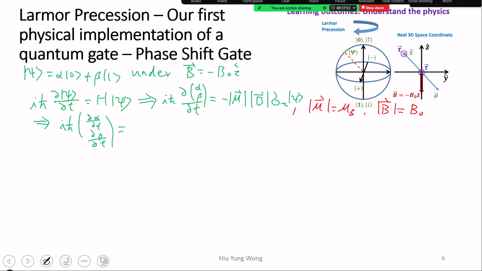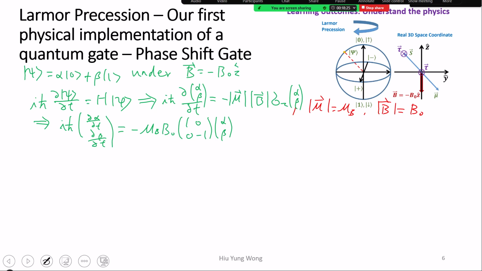I only have the Hamiltonian. On here, it should be alpha, beta. I missed this term just now because this is H times psi. Then this is just equal to mu B, as you said, B0, times sigma z, which is the matrix 1, 0, 0, negative 1, times alpha, beta. Make sense?